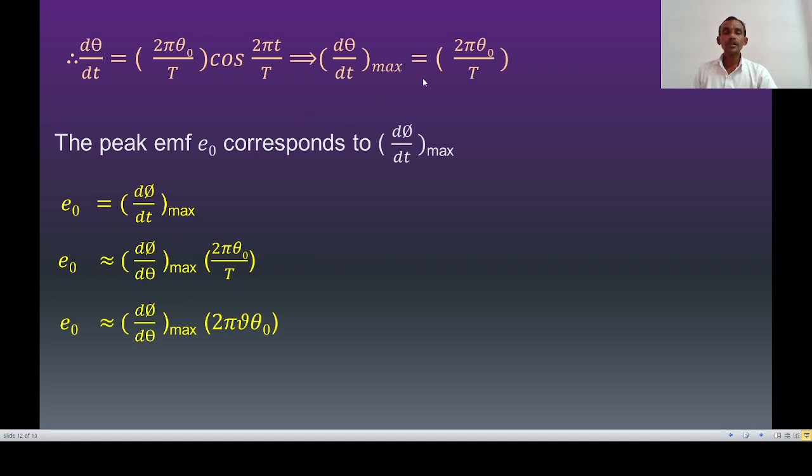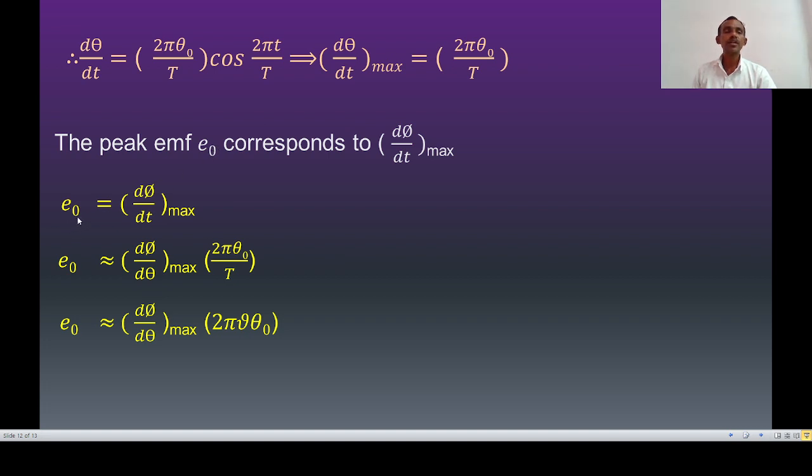Now this maximum value is related to the induced EMF by the above equation, that is the E0, the maximum change in the magnetic flux with respect to time is related to the maximum EMF induced.